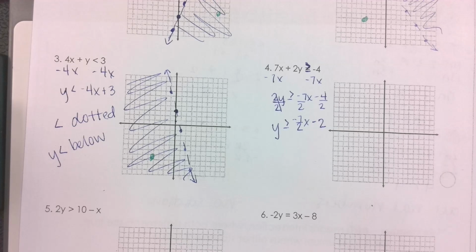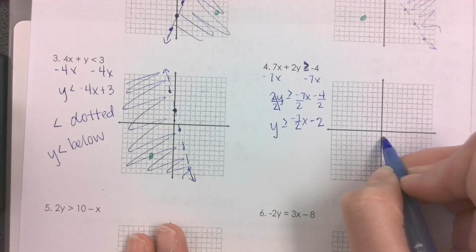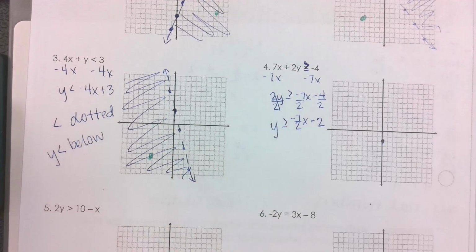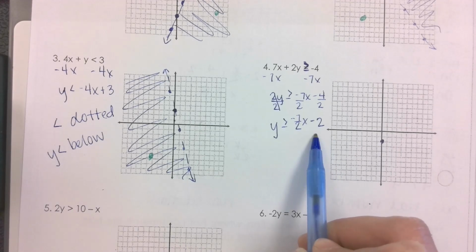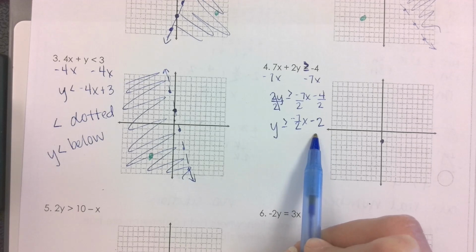Let's see. Dominic, where are we going to start? Yeah, because our y-intercept is -2. So we're going to go down 2. Chris, how are we going to count our slope? Do you know what our slope is? So this is our y-intercept. What do you think the slope has to be? -7/2.